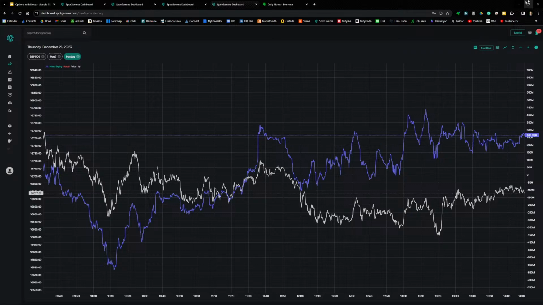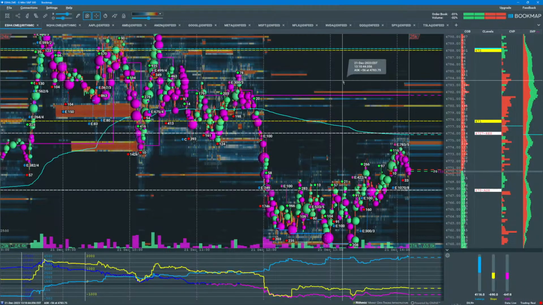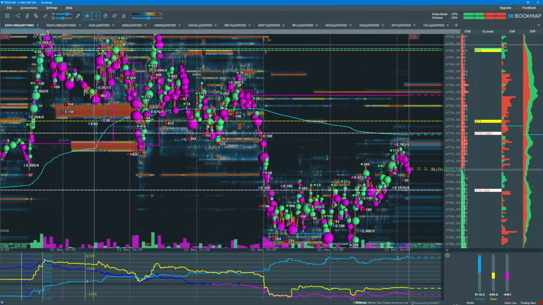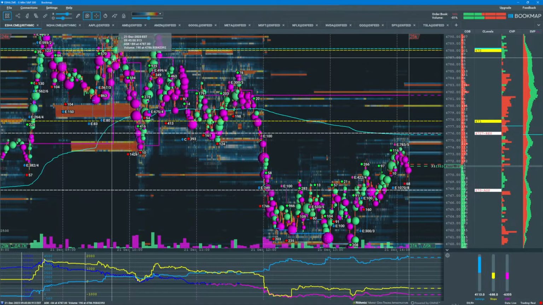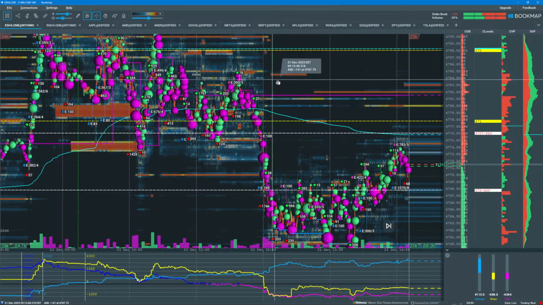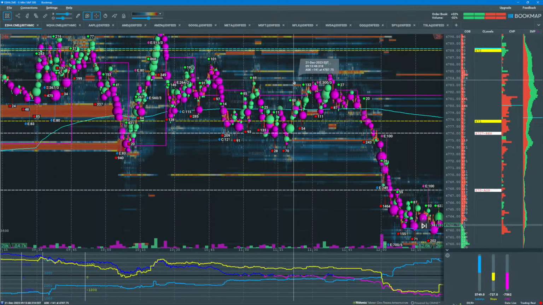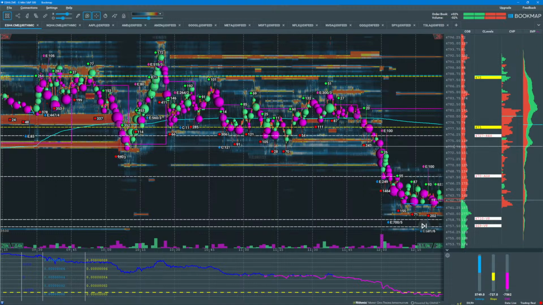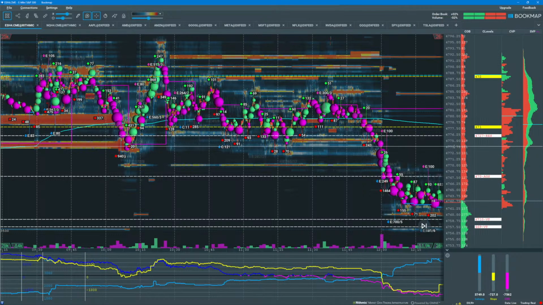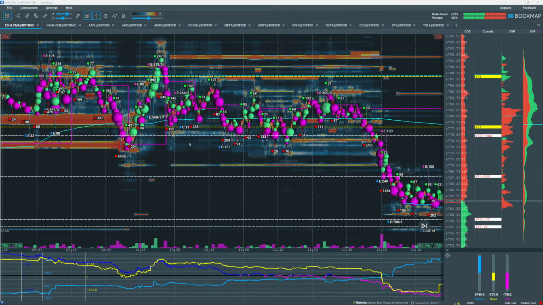All right, let's go take a look at Bookmap. Zoom in a bit. All right, so short setup, and this is just focusing on this earlier portion today.